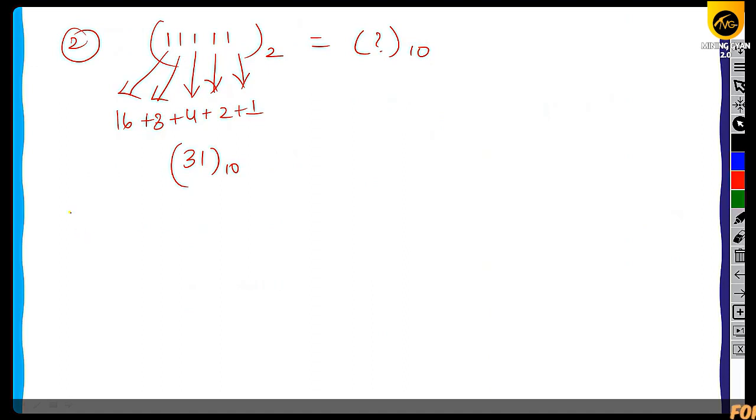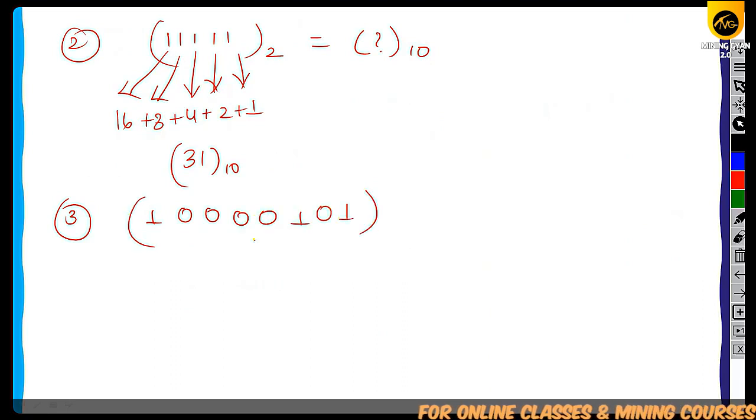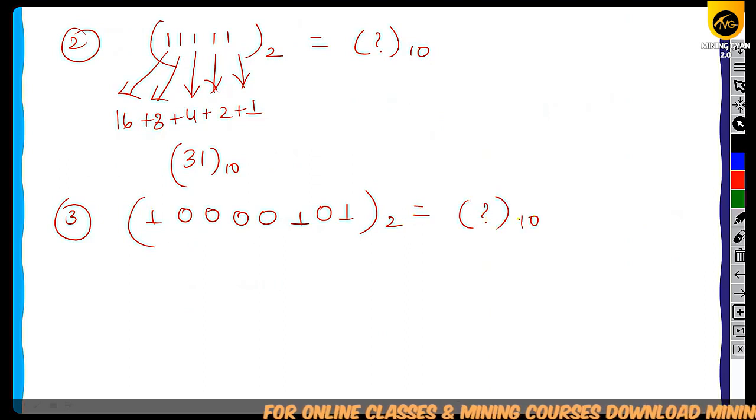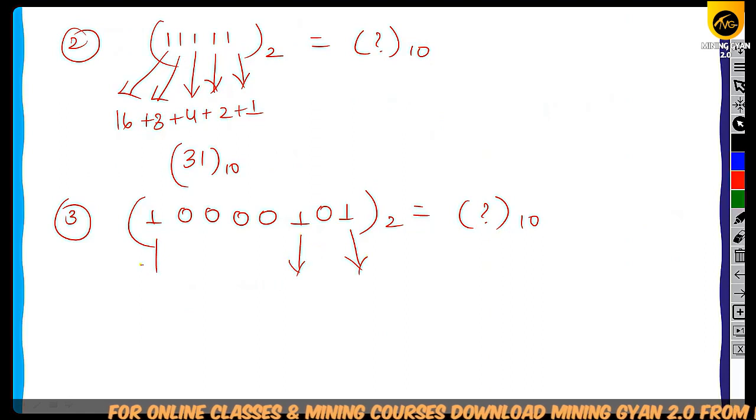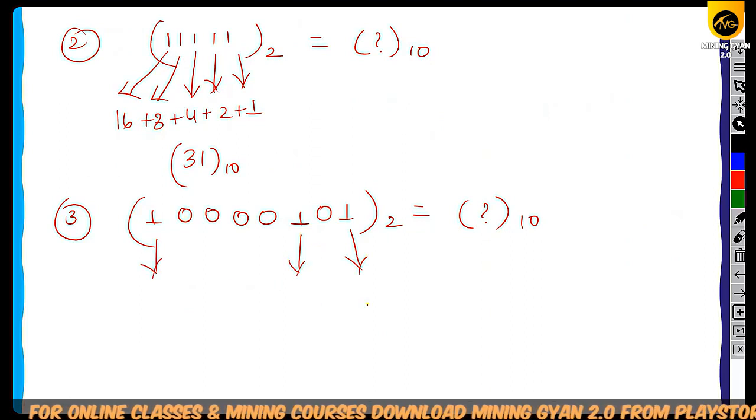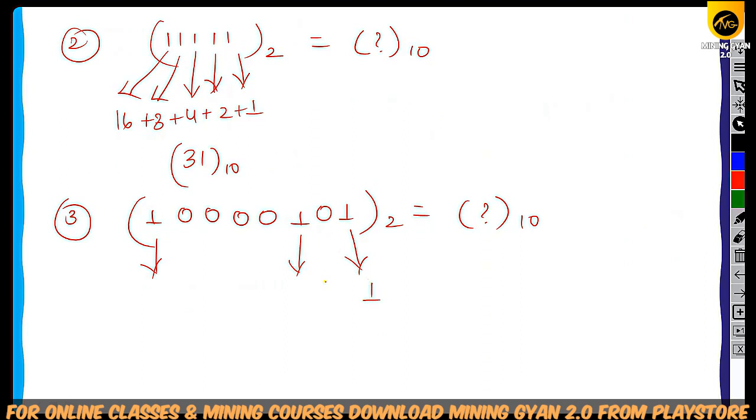Similarly, suppose there is a question 100000101. This is in the form of a binary system. If you want to convert into decimal, just use the weights of these ones. The first one will be 1. The second will be 2, but it will become 0.